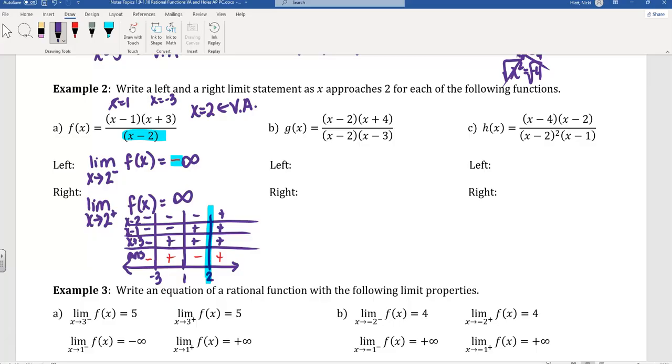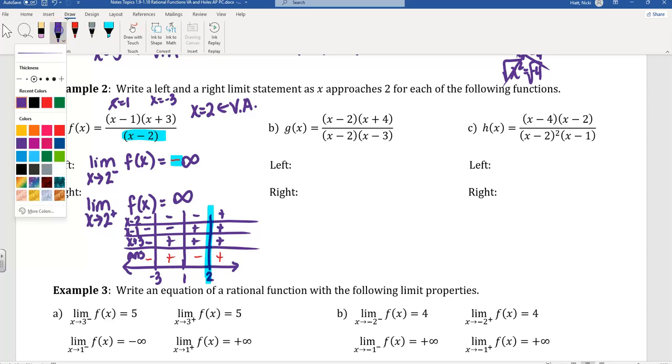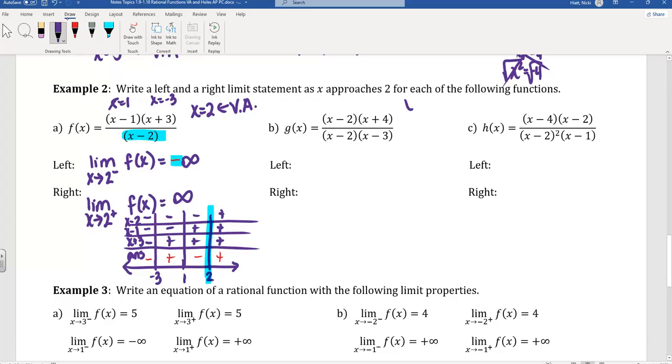Okay. B is going to be different because at x equals 2, which is the only one we are told to care about, we've got the limit as x approaches 2 from the left of g of x. That's what we're looking for. And then we also want to know the limit as x approaches 2 from the right of g of x.